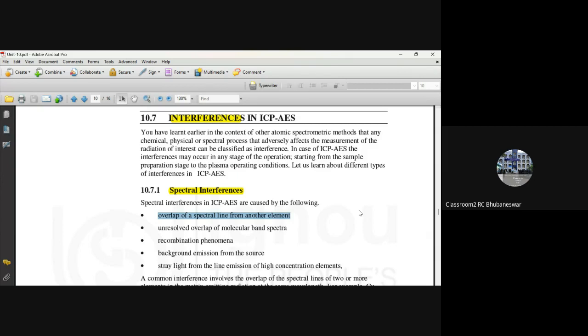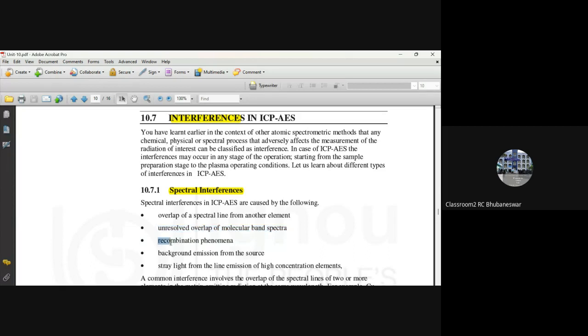Whatever analyte you want to study, if some other elements are present as a contaminant, then that overlap of the spectral line can also cause interference. Unresolved overlap of molecular band spectra can also happen.